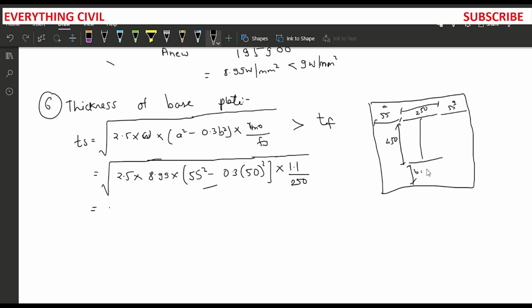So B is 50, and again on this side B will be 50. So I hope you understood this A and B, and if I solve this I'll get it as 14.99 mm, and this is clearly greater than TF, which was 13.7 mm. So we will provide base plate of size 550 mm by 358 mm by 15 mm.